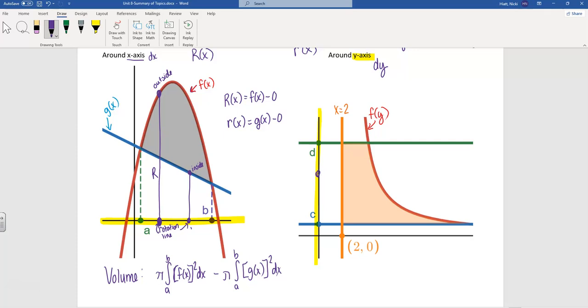So, line you're rotating around to the outside. That's capital R. For this one, capital R of y is going to equal f of y minus 0. Again, don't have to have the 0, but it's okay if you do. Here, outside, line you're rotating around to the inside, that's your lowercase r.